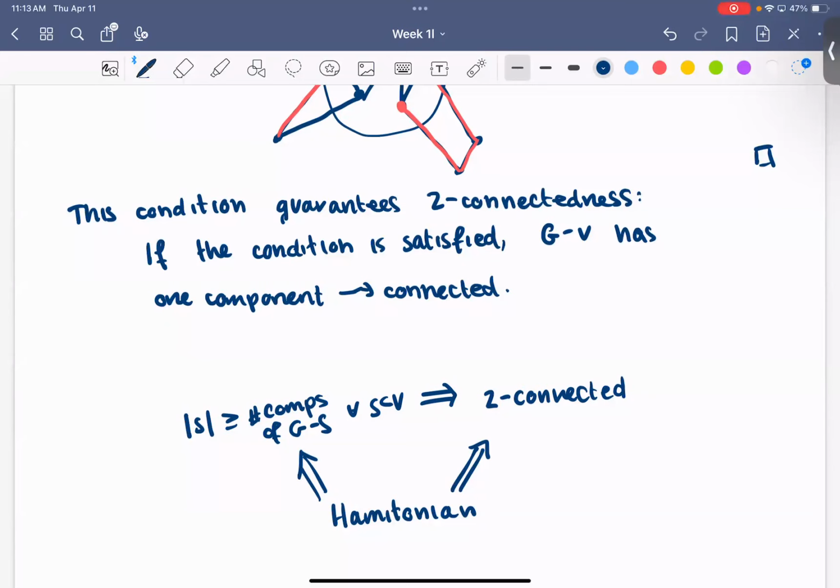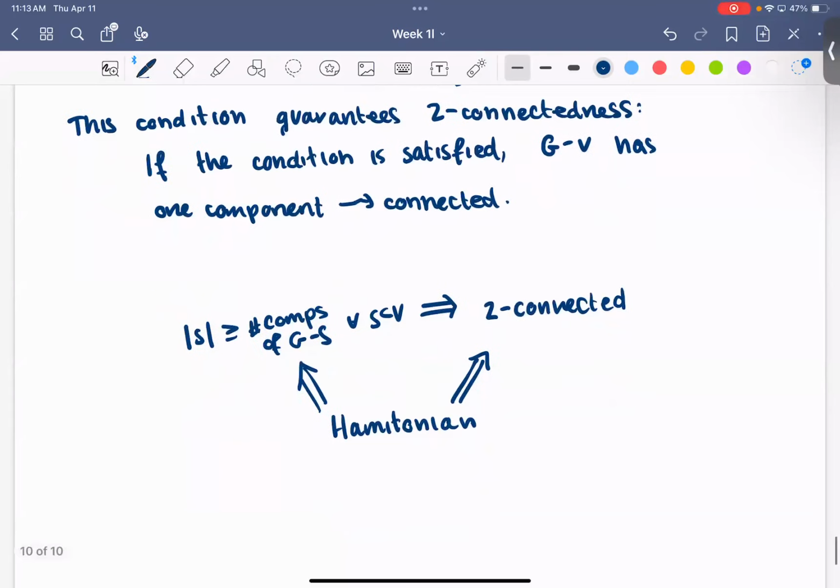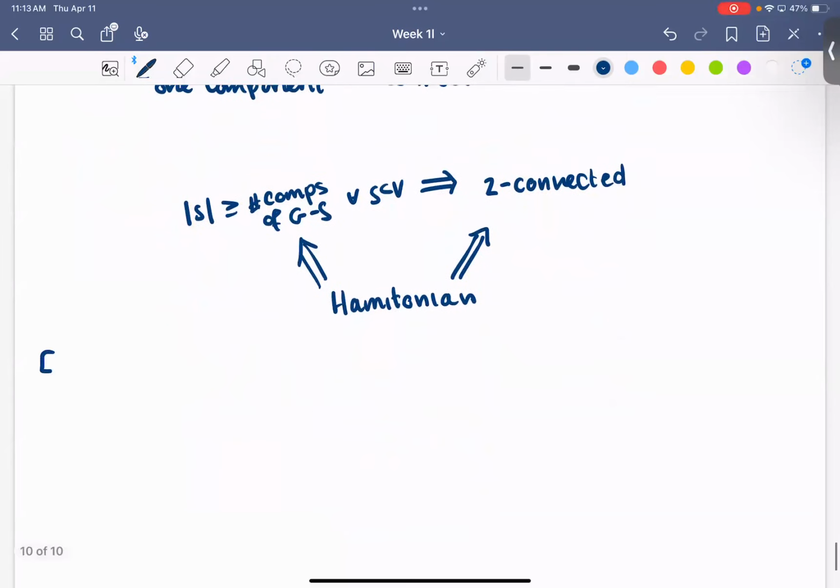So now I'm going to show you some examples to show why these arrows are not if and only if. So examples. Okay, so the first one, let me number the arrows.